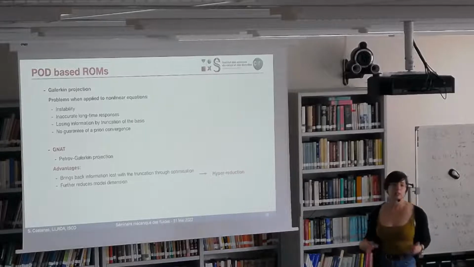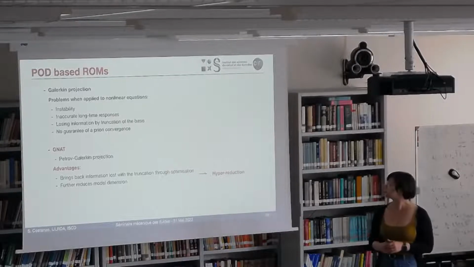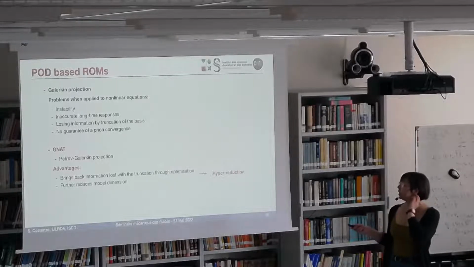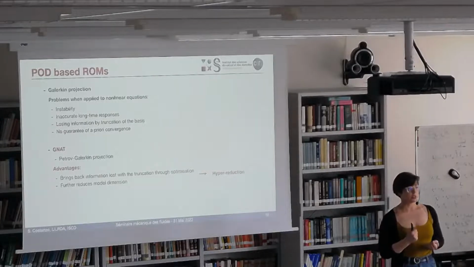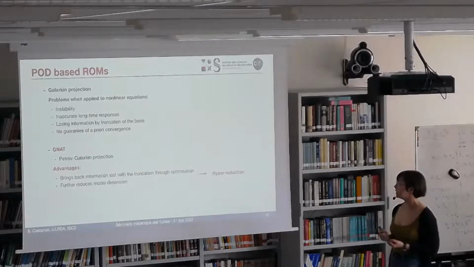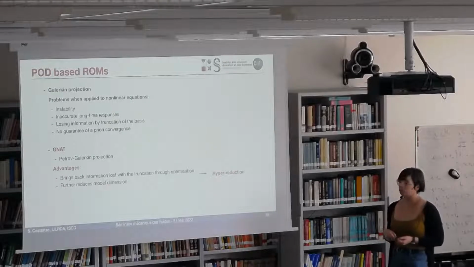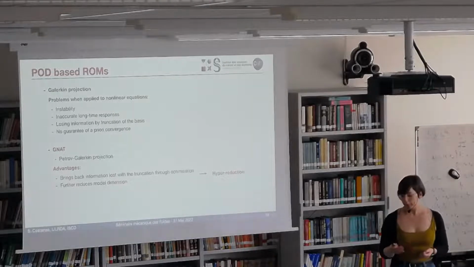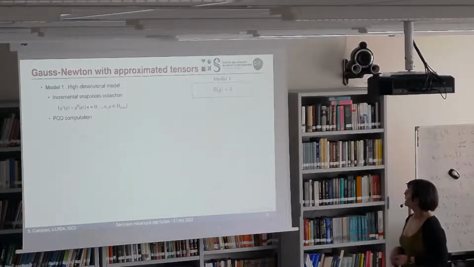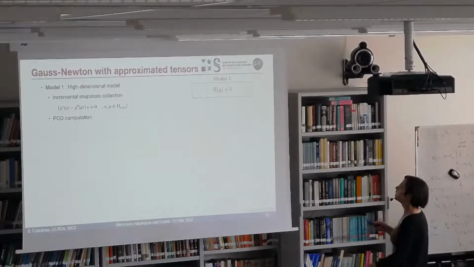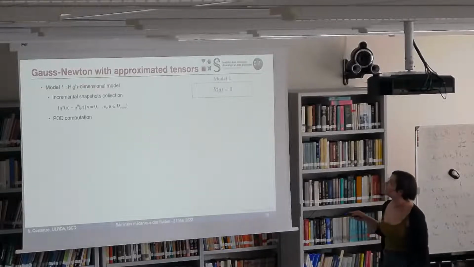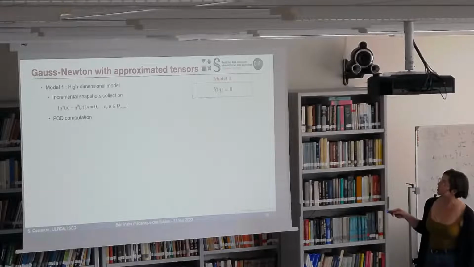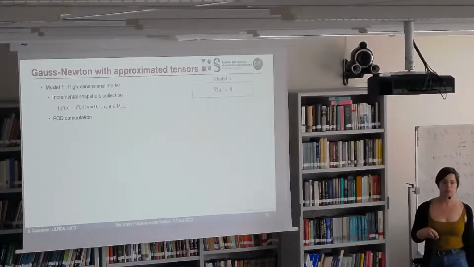So we have a second optimization problem, which is called hyperreduction, in which we are able to bring back some information lost with the truncation of the basis, and we are able to reduce even more the dimension of the model. So the method works like this. We start with a high-dimensional model, and we collect the snapshots using an incremental strategy.